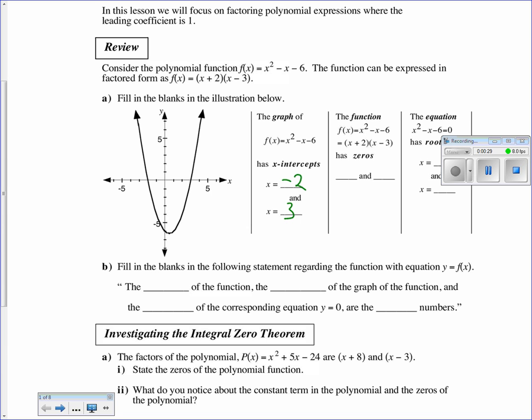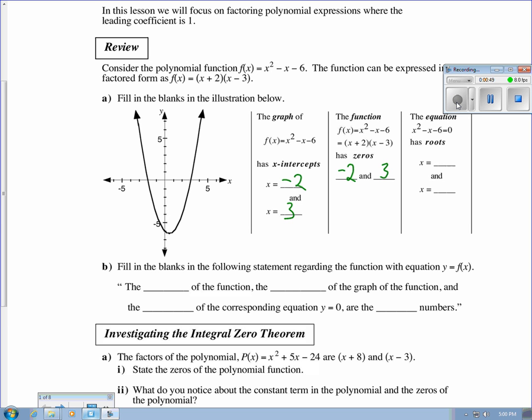When I look at a function and put it in factored form, I can set the factors equal to 0 and solve for zeros, and that's -2 and 3. And when I look at an equation which is equal to 0, I get to talk about the roots.